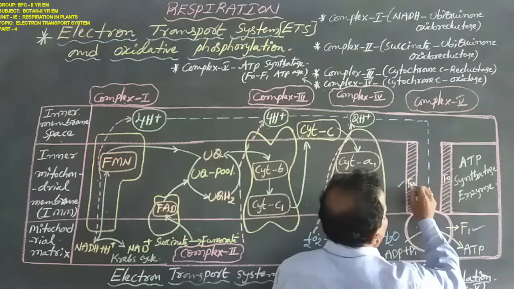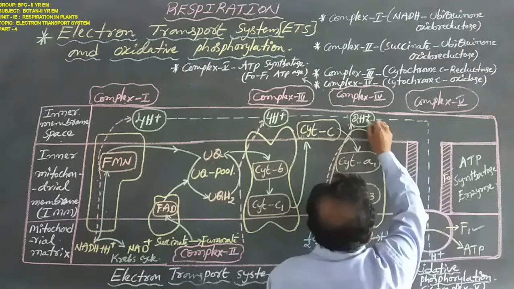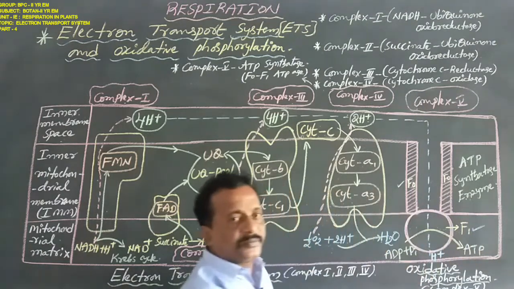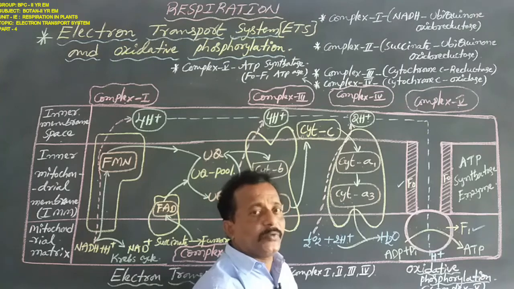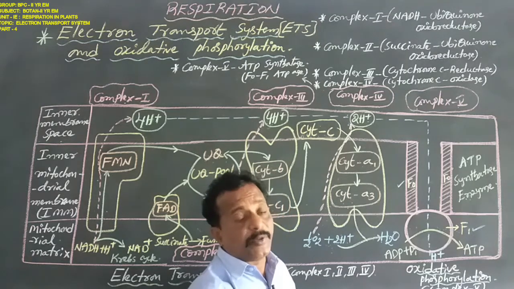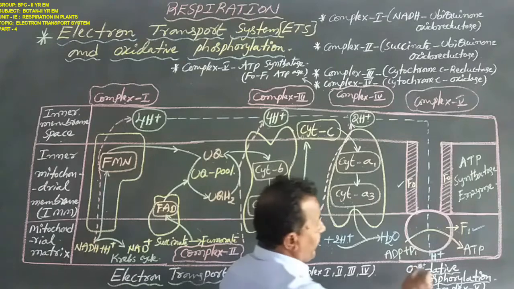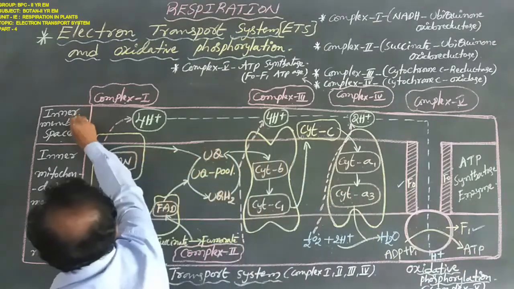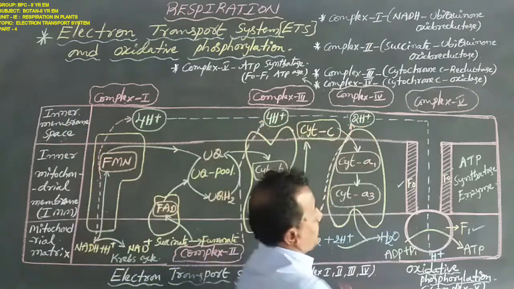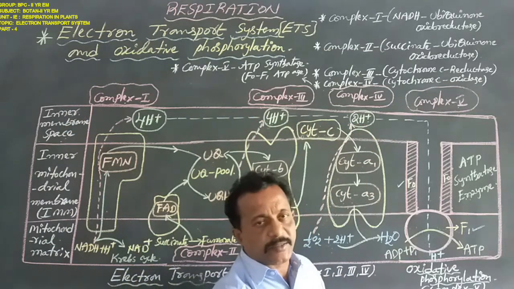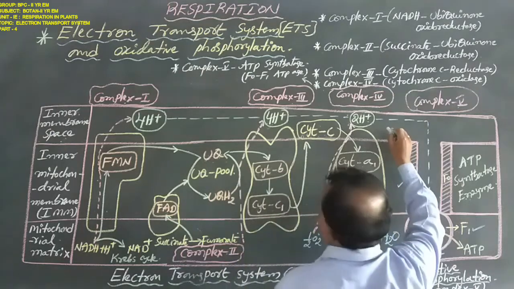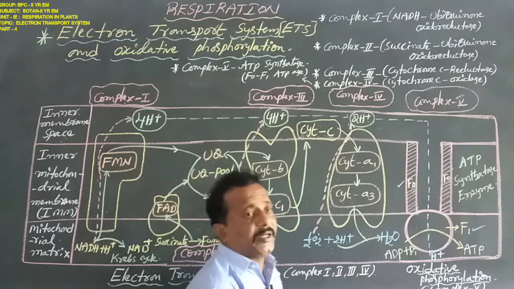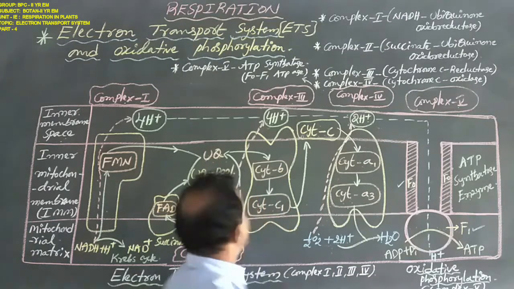F0 acts as the proton channel. F1 acts in the synthesis of ATP molecules. So dear students, the inner membrane space already contains protons, and it has a higher proton concentration gradient.